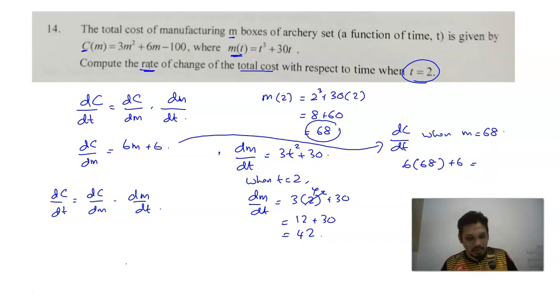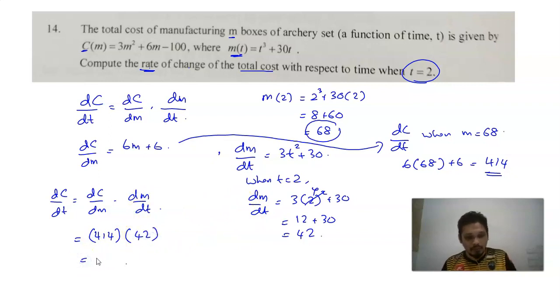okay, 68 times 6 plus 6, 414. Okay, then we substitute the value of 414 here, 414, and then dm/dt equals 42.